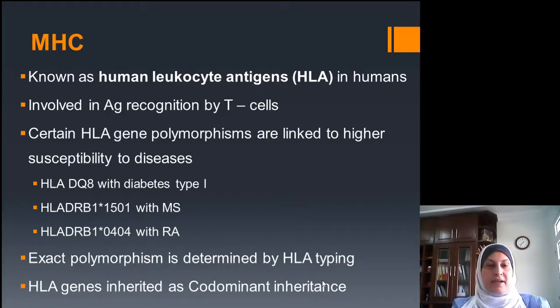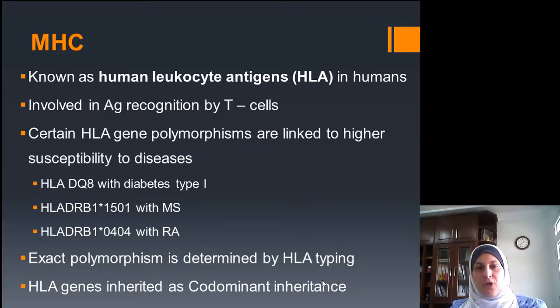HLA genes are inherited as codominant. You know that you get one chromosome from the father, another from the mother. So you have the two genes, one from the father and one from the mother. Both of them are expressed equally. In dominant inheritance, this gene is expressed and this feature is developed because you have this dominant gene.